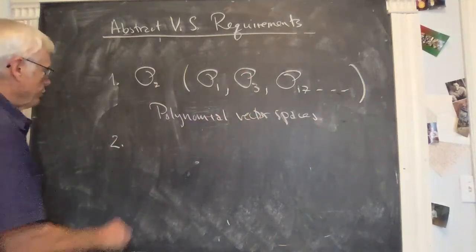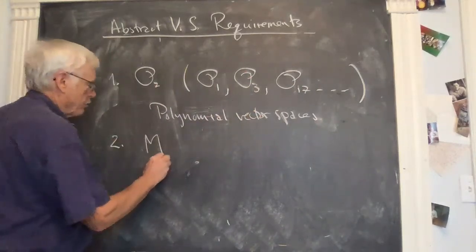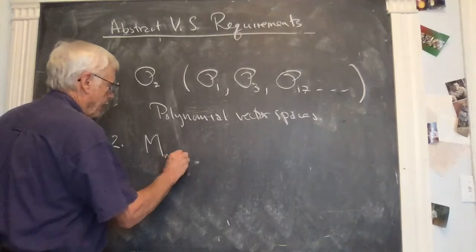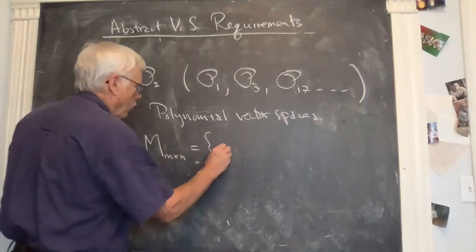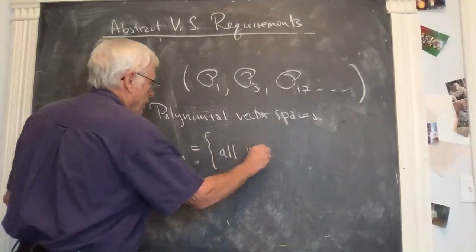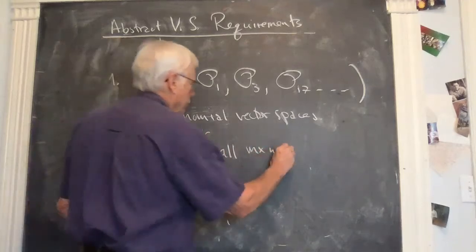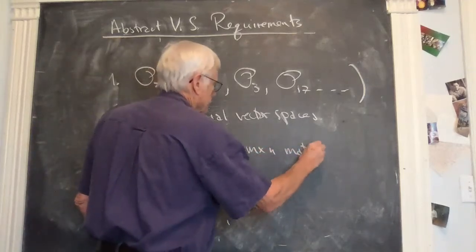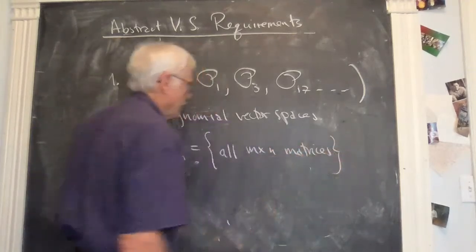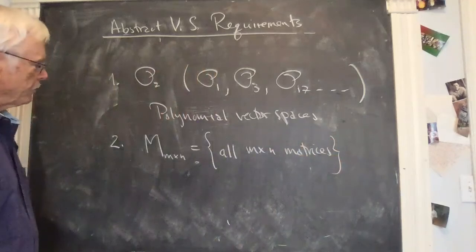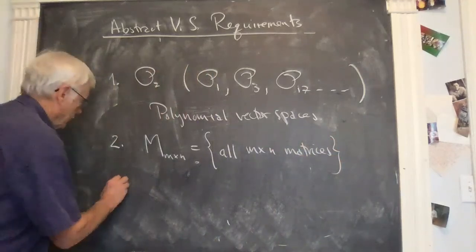A second one is M sub m by n. This means all m by n matrices. This is also a vector space, an abstract vector space.